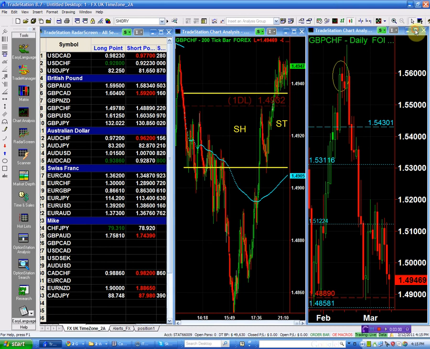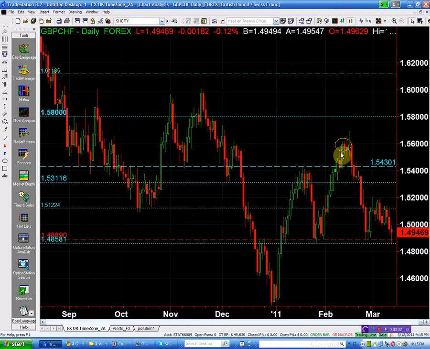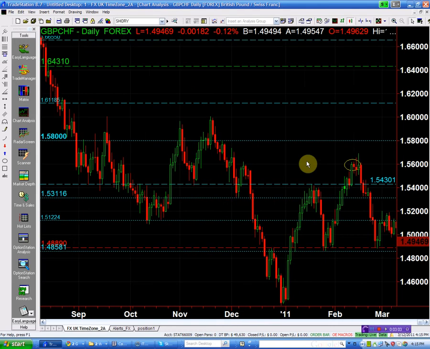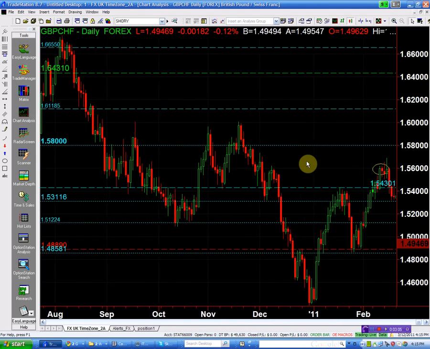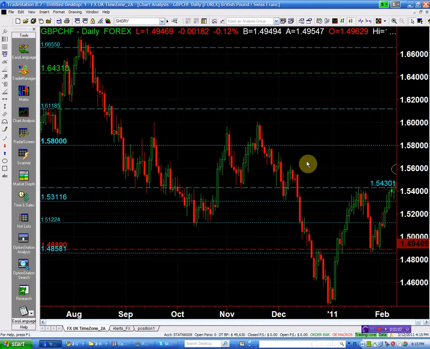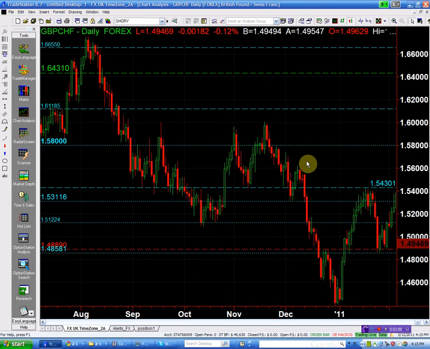We try to identify a price point on the chart where our decision is one of two decisions. Let's say on the chart in front of you at 154.30, if the price is above this price point, my decision is to buy, or to do nothing.